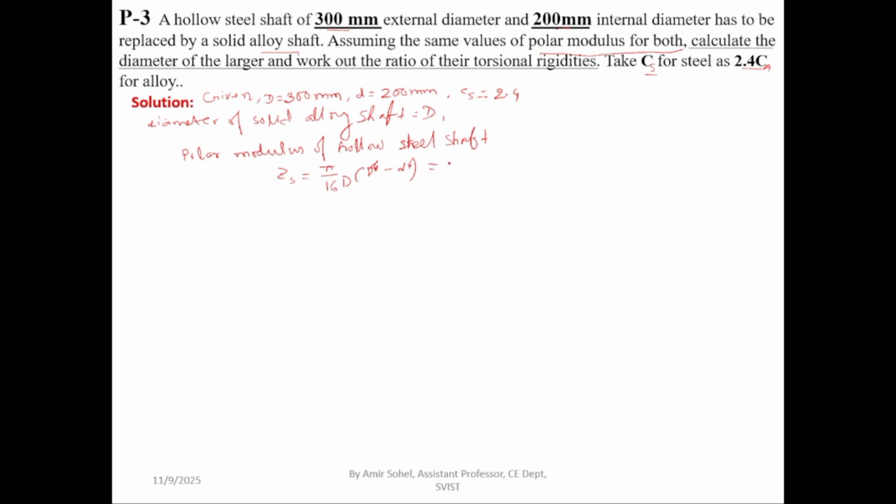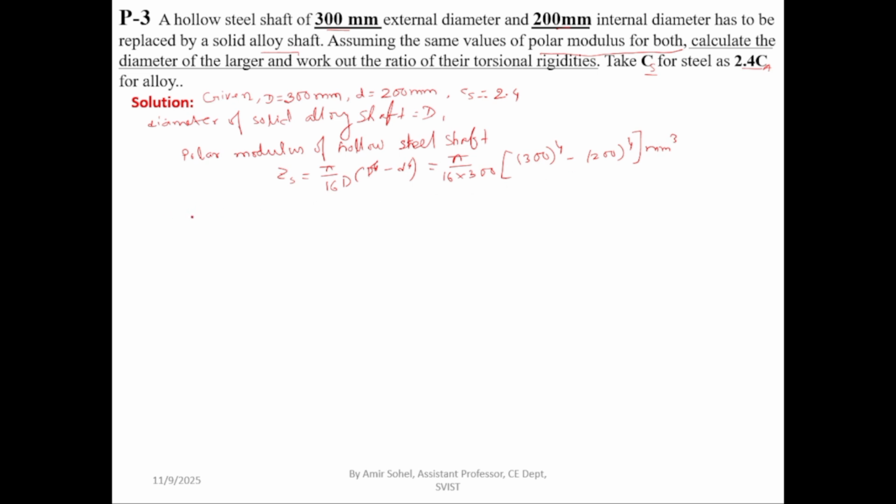You know what is capital D and what is letter d. Now let us simplify it. Pi divided by 16 into the value of D is 300, so 300 to the power 4 minus 200 to the power 4 mm cube, right?